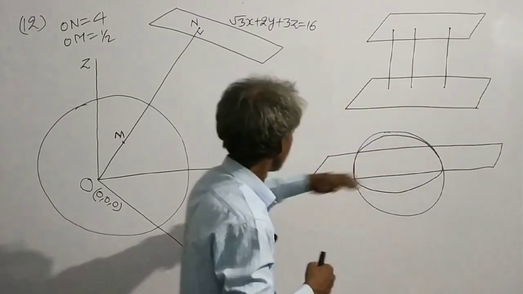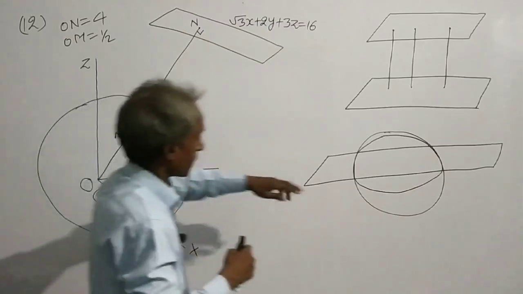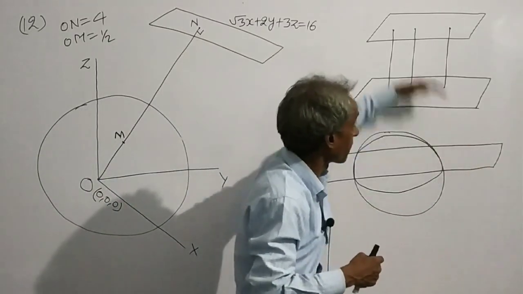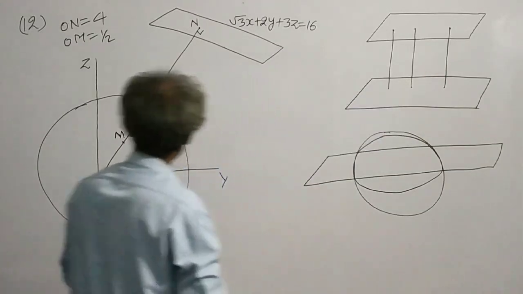Therefore, the distance between this circle and any plane which is parallel to this plane will be equal everywhere.